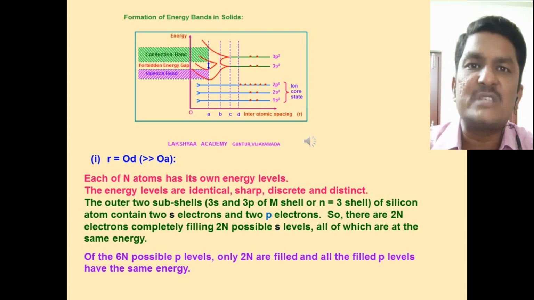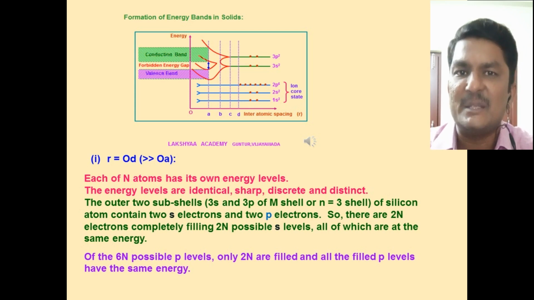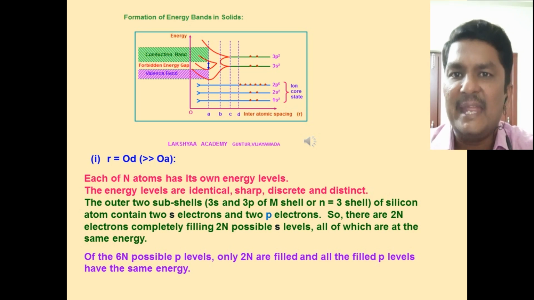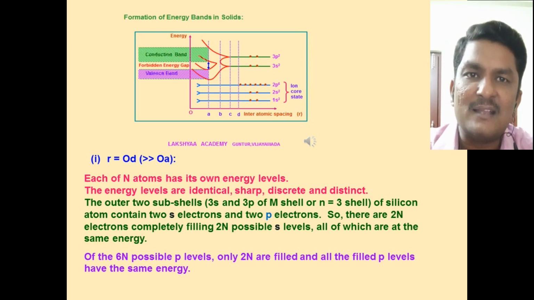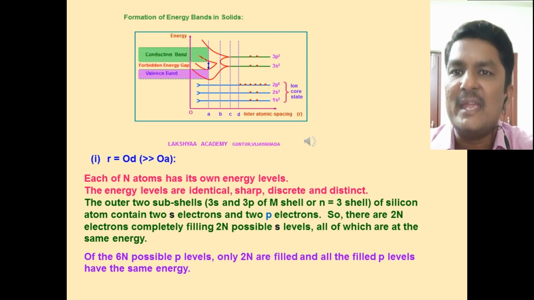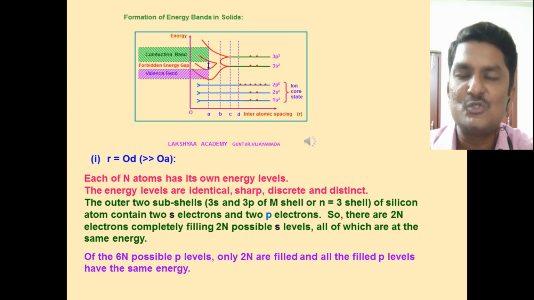The outer 2 subshells of the silicon atom, that means 3s and 3p, contain 2 s electrons and 2 p electrons. So there are 2N electrons completely filling 2N possible s levels. Note down that 2N electrons completely fill 2N possible s levels.